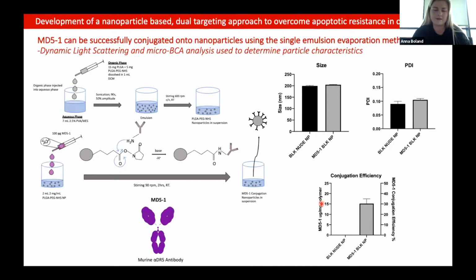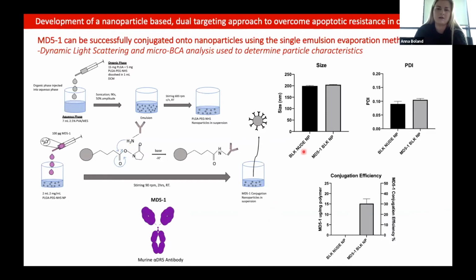I won't labour the method, as I'm sure everybody is relatively familiar with this. And then when we had our PLGA-PEG-NHS particles, we were able to add our antibody to our particle suspension, and with simple stirring at room temperature over 2 hours, the NHS and amine groups on the particle allowed amine coupling reactions to occur, and we were left with conjugated particles that we washed via centrifugation.